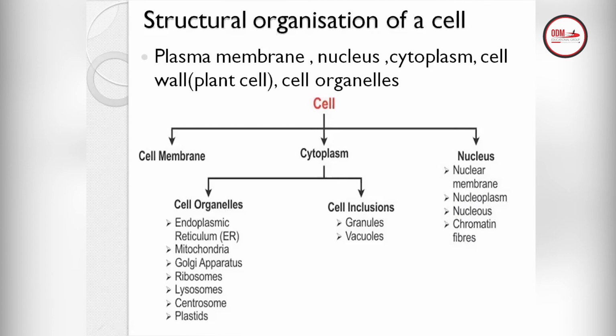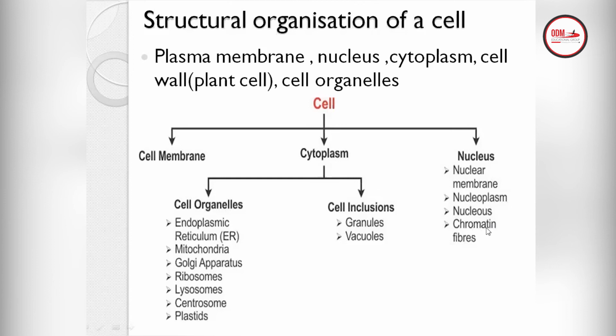As you know, the nucleus is the controlling agent of the cell. It will control when the cell will divide and when the cell will grow. So they have the chromatin fibers. These chromatin fibers are passed on during the reproduction process.